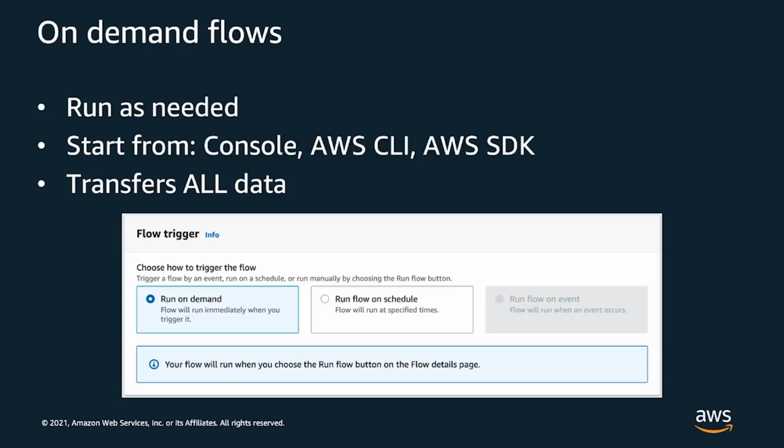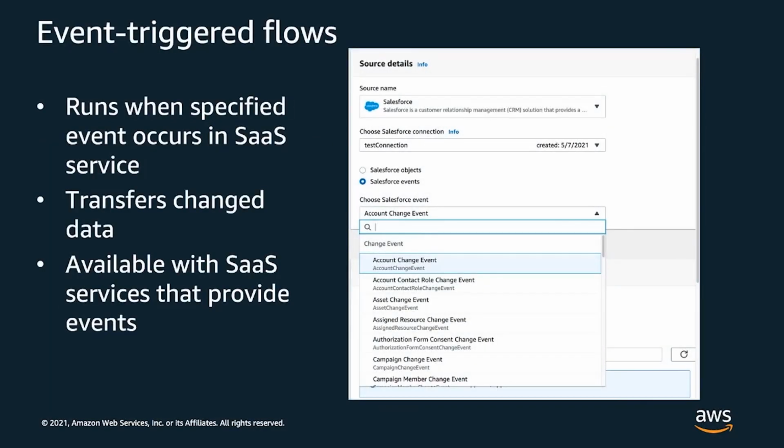The next type is an event-triggered flow, and the service has to support events. For example, take Salesforce. With Salesforce, you can choose a type of event you want, such as an account change event or an asset change event. There are all kinds of events emitted from Salesforce that can invoke a flow.